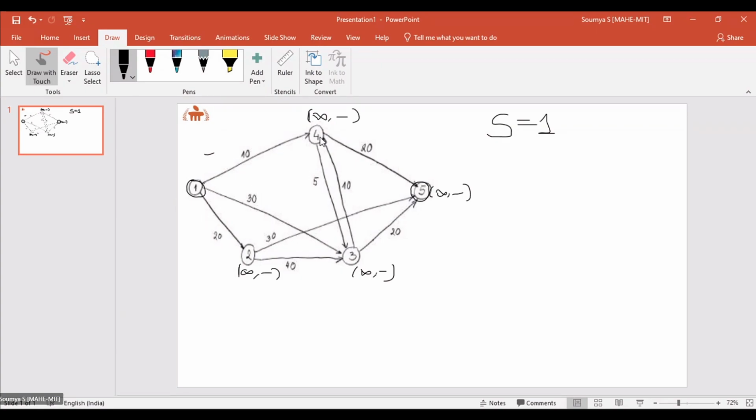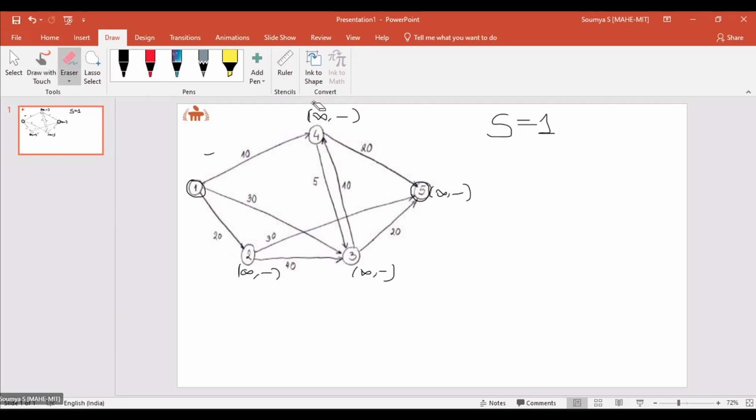So what is the distance to 4? The distance to 4 is 10. What was the distance existing? It was infinity. Infinity is greater than 10, or put the other way, the cost that I've calculated now is less than what was existing.